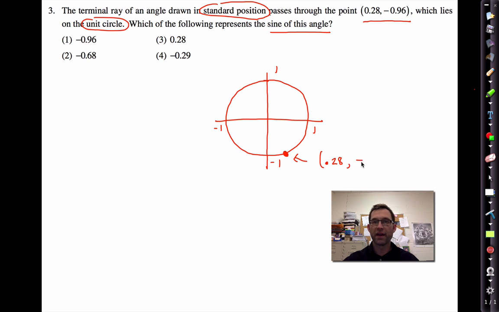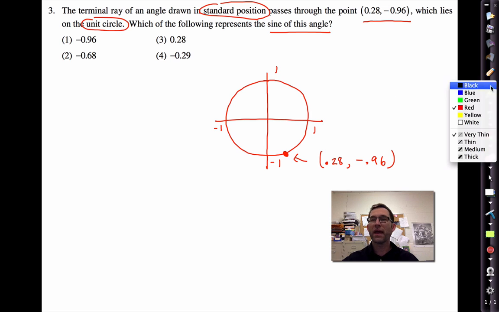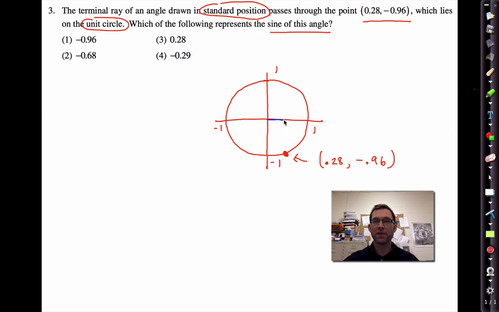You might wonder why these things have to be so ugly. Keep in mind, if we're on the unit circle, every single value has to be between negative 1 and 1. Now, it talks about an angle being drawn in standard position. That means that its initial ray points that way, and its terminal ray points this way. So we're talking about that angle, and it wants to know the sine of the angle.